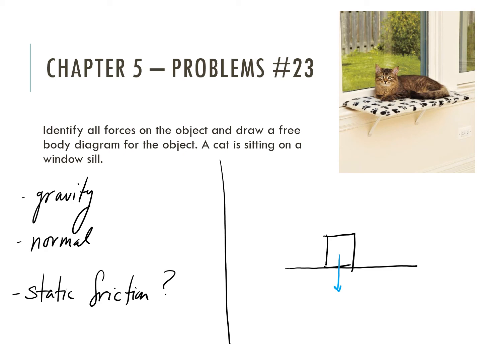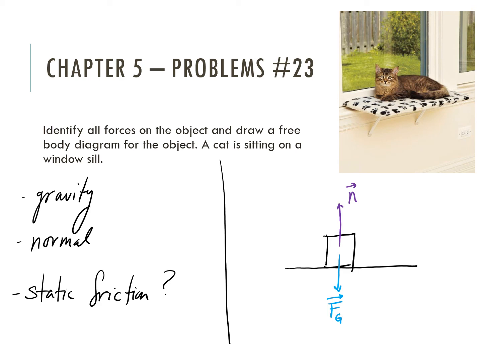So I'm going to draw my vector. It's going to start roughly in the middle. I'm going to have FG. I also need my normal force, which is perpendicular to my surface, so it needs to be 90 degrees. In this case, it's going to point straight up, in which now we have our two forces we know for sure we have.